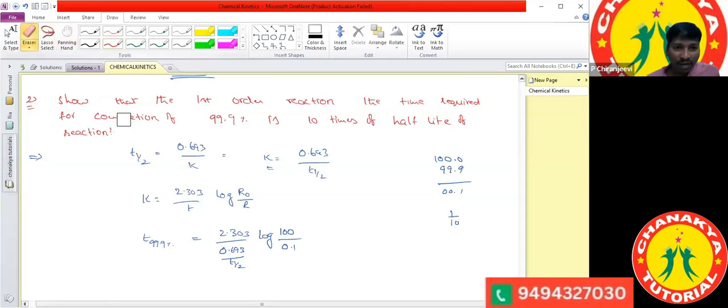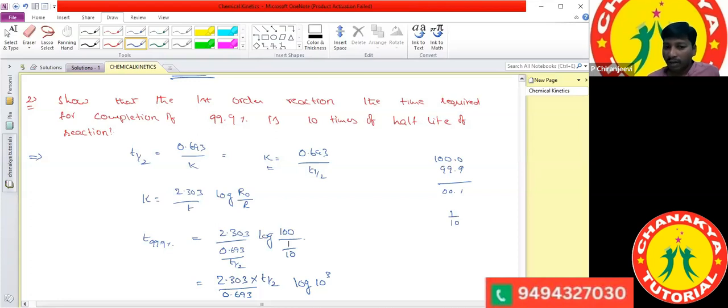So I am writing it directly as 1 by 10 for clarity. If we simplify all this, we can write 2.303 divided by 0.693 into t-half, log of 10 power... If the 10 comes to the numerator, it becomes 10 power 3.